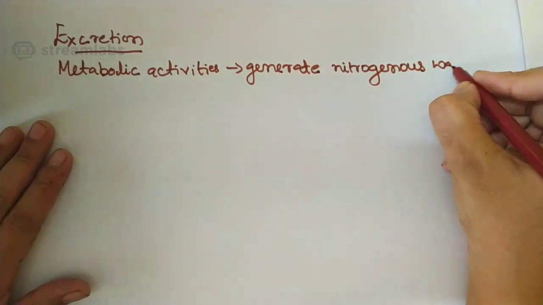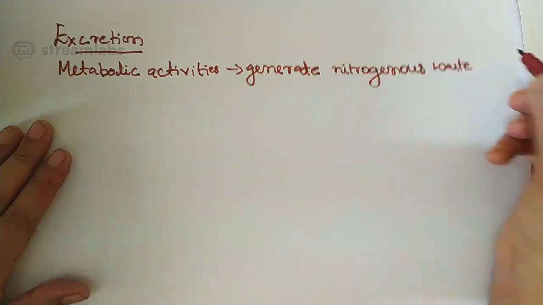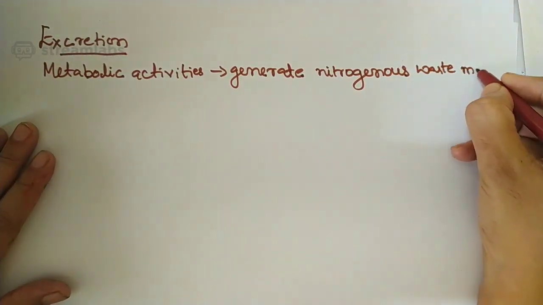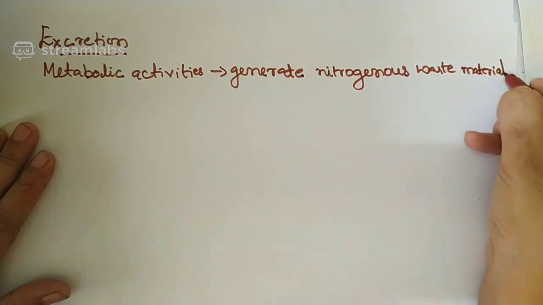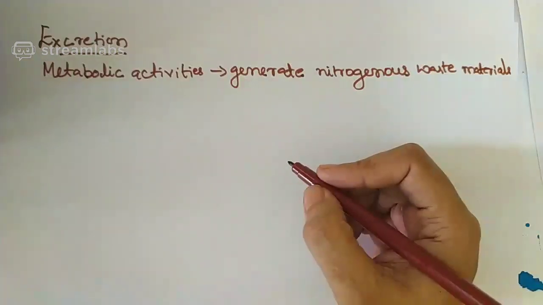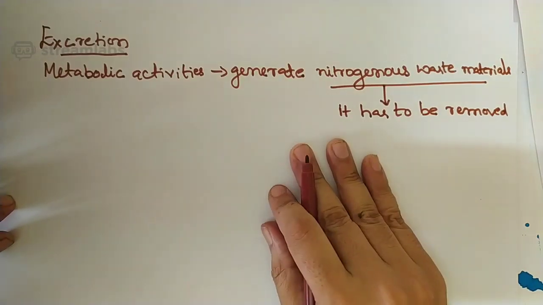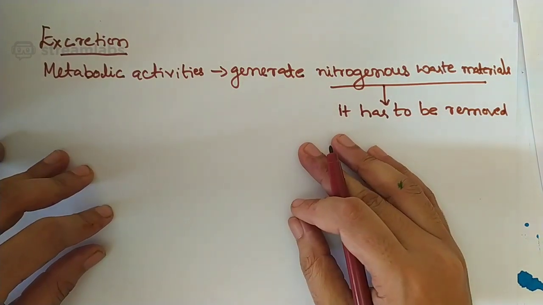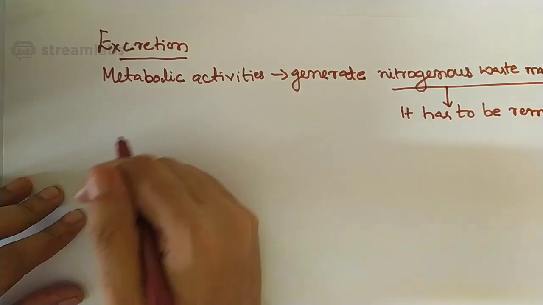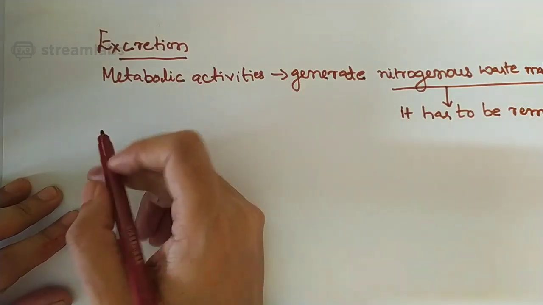This nitrogenous waste material is harmful. That is why it has to be removed. Okay, nitrogenous waste materials are harmful. That is why excretion. What is the definition of excretion?